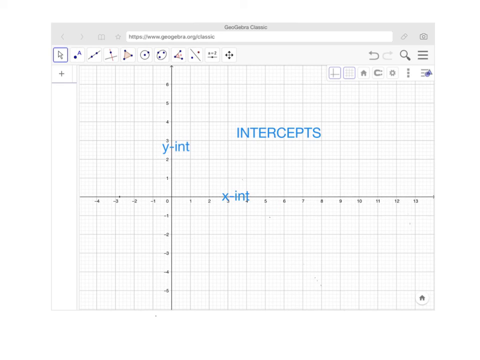I will equate y to 0. In the case of the y-intercept, my x is equal to 0, or in other words, the y-cut, x will be equal to 0. Here x is equal to 0.